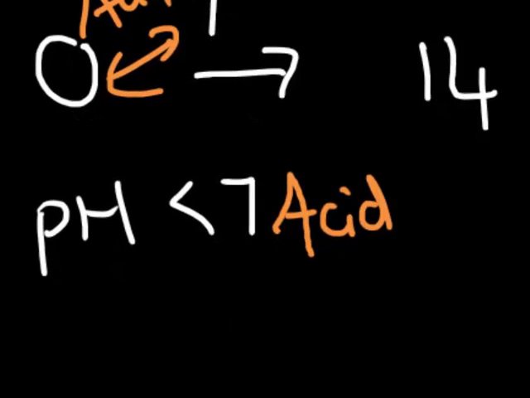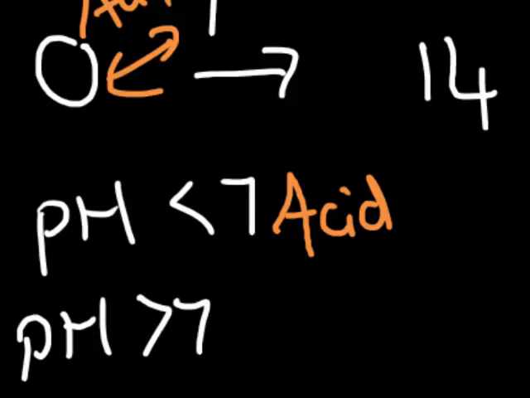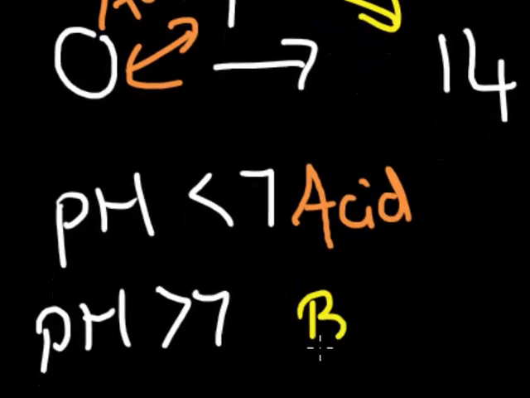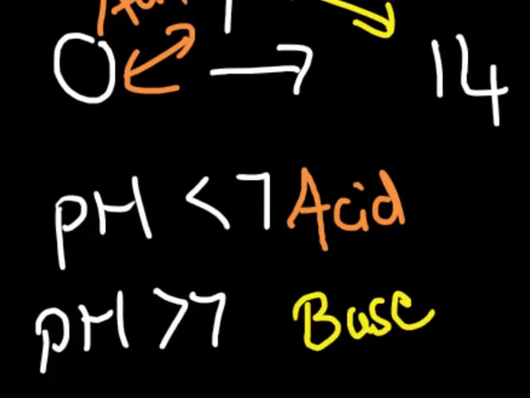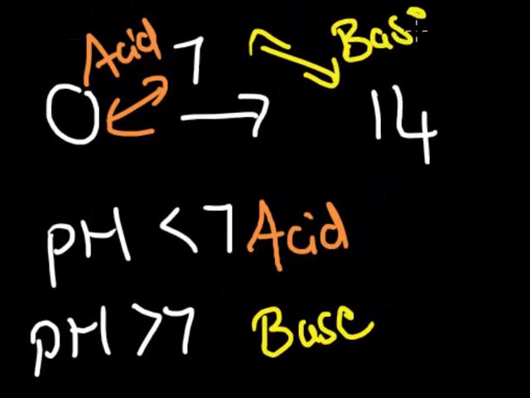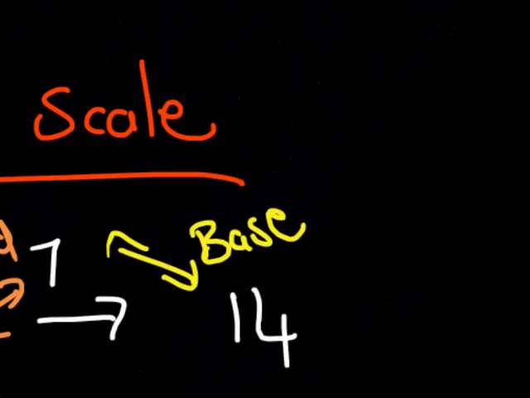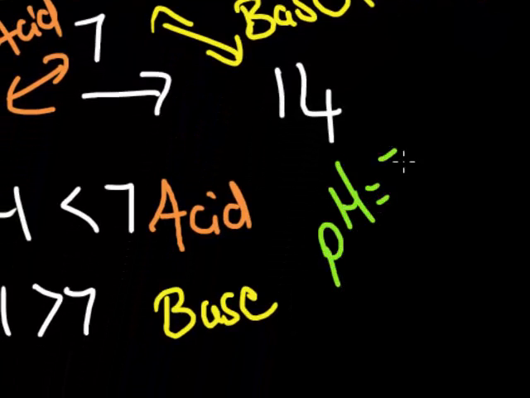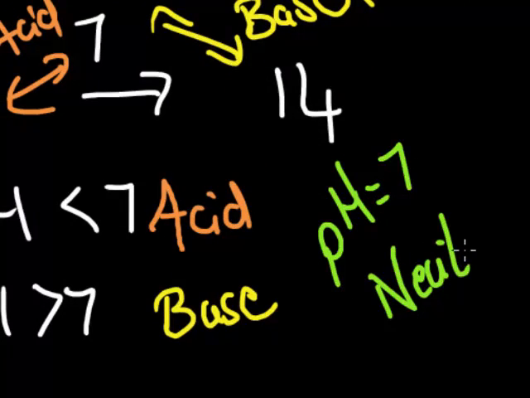If your pH, on the other hand, would lie higher than 7, that means from 7 up until 14, then you'll have a basic solution or an alkaline solution. Remember, we call a base that is able to dissolve in water an alkaline. If you should end up with a pH equal to 7, then it refers for us as a neutral solution.